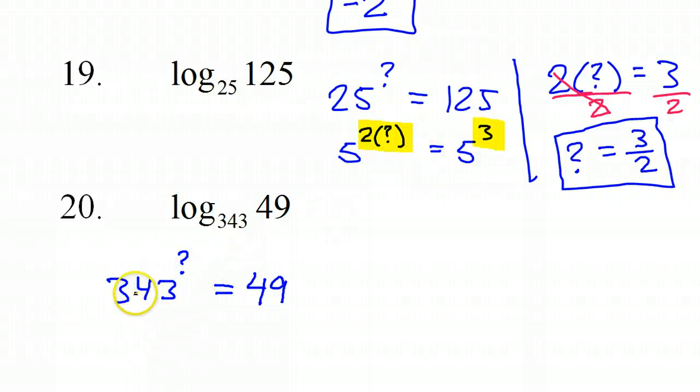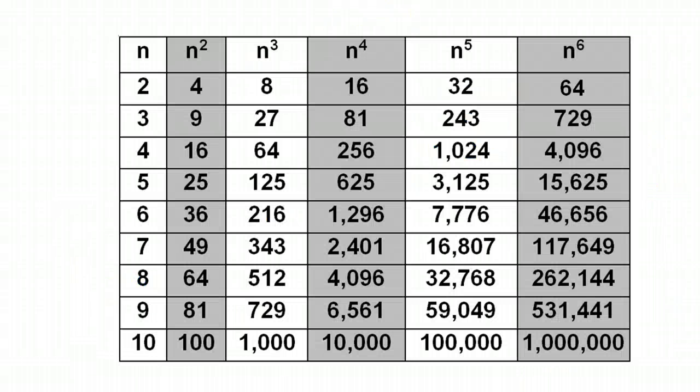Let's look for 343 and 49 on the same row of the chart. There's 343 and 49. These are both powers of 7. So that's 7 squared and 7 to the 3rd power. They're both powers of 7.